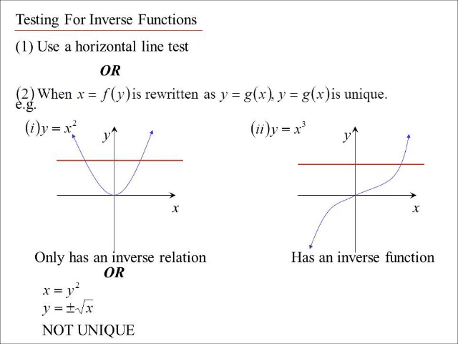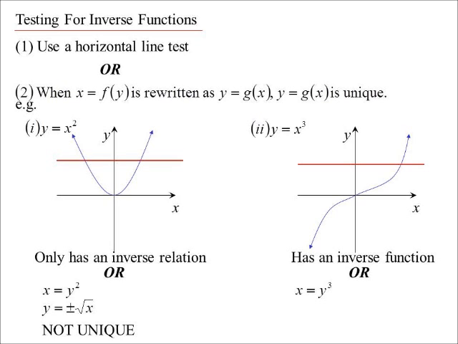So not unique, so again, doesn't have an inverse function. Whereas the cubic, swap the x and the y's around, we get x equals y cubed. Make y the subject, we get y is the cube root of x. And remember, we're dealing with just real numbers here. There is only one cube root of x in the real number world. And so that is unique. And so yes, that one is an inverse function.